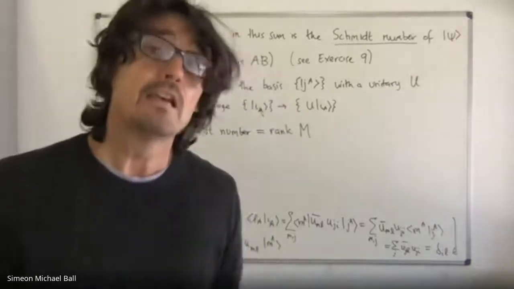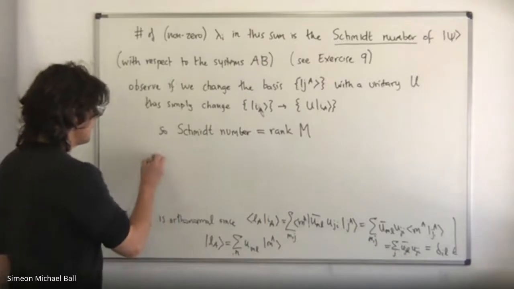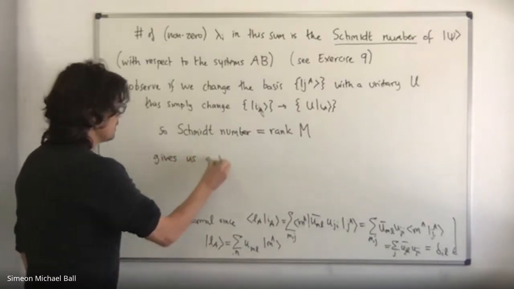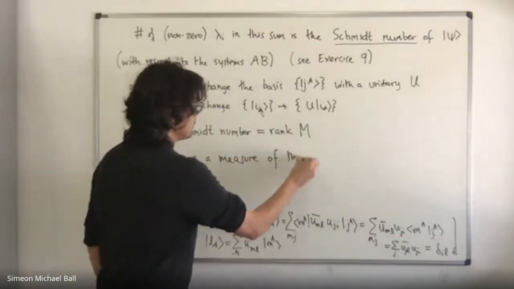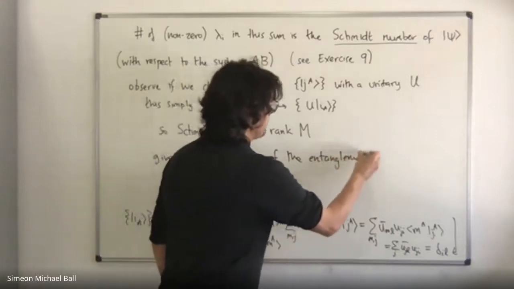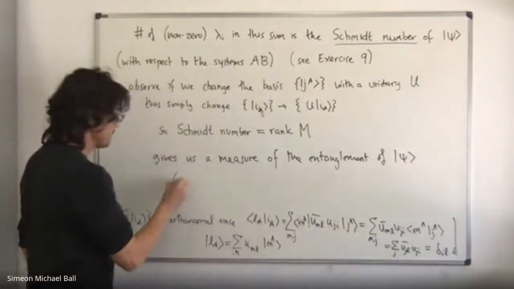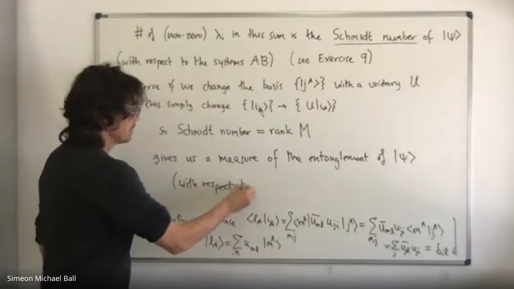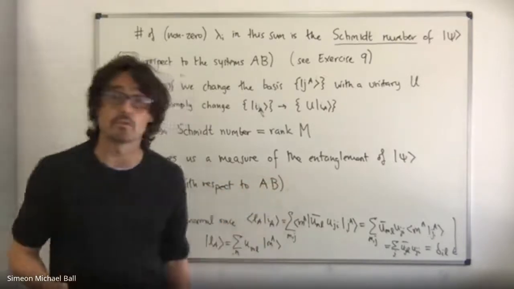Okay, so what I should say, the Schmidt number gives us a measure, and this is the important bit, of the entanglement of phi between the systems with respect to the systems A and B, of course.